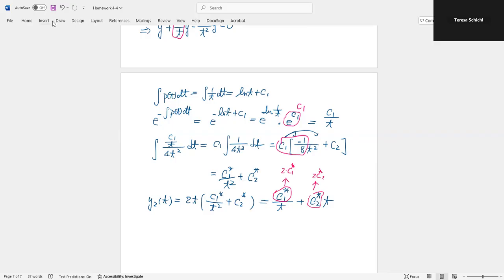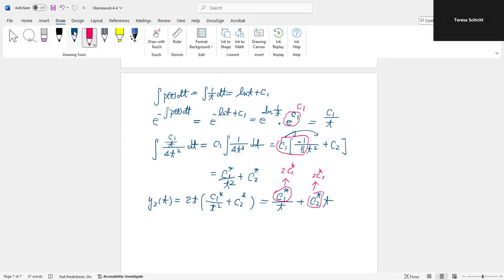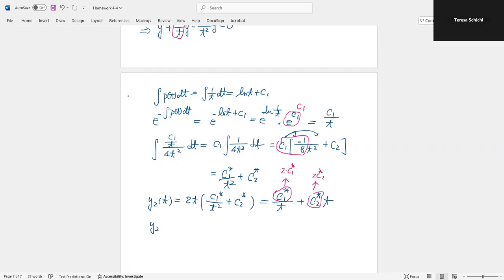All right, so now I need to substitute my initial condition and try to solve it. So y2(t) is here. So y2 prime (t) will just be negative C1 star, and this is t to the negative 2, right? Then C2 star, the t cancels out, it's just C2 star.